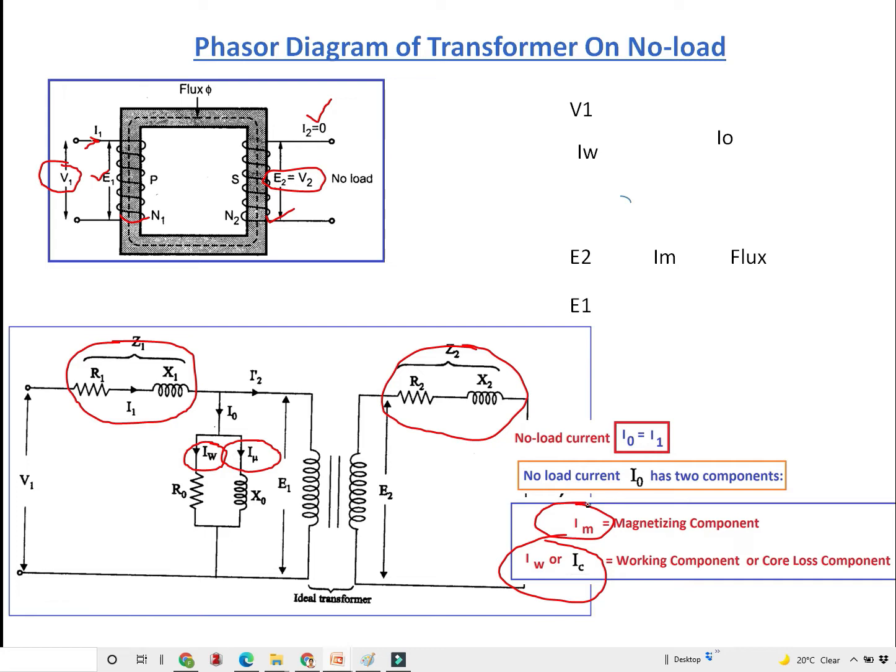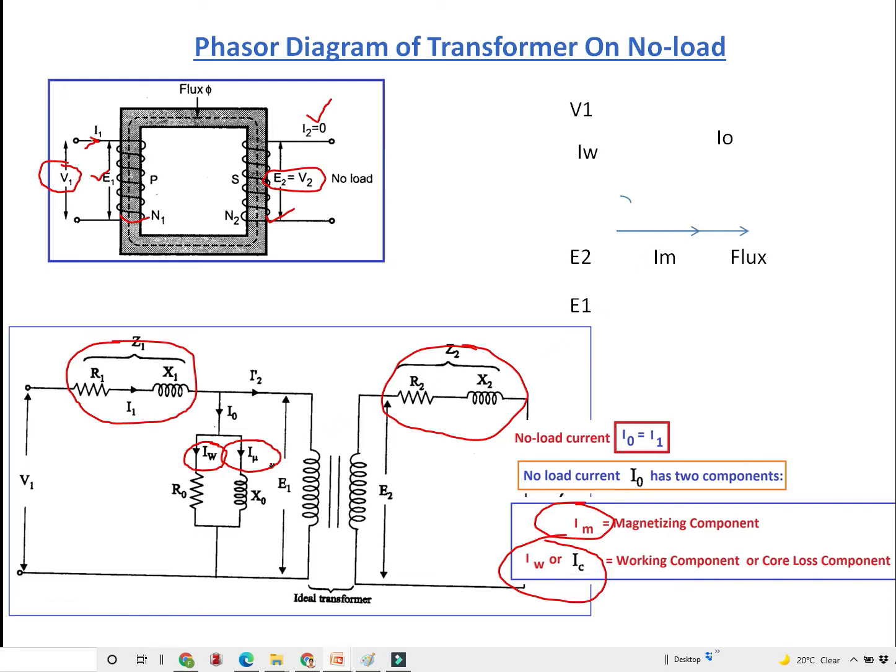While we draw the phasor diagram, we have to take the magnetizing current as the reference. I have taken it as the reference, correct. So the magnetizing current and flux will be in phase. Why? Because the current is responsible for the flux. So flux and current are always in phase, not only here but every time, correct.